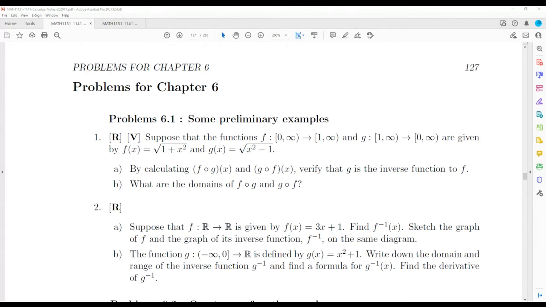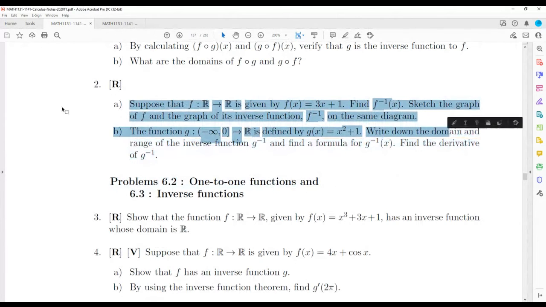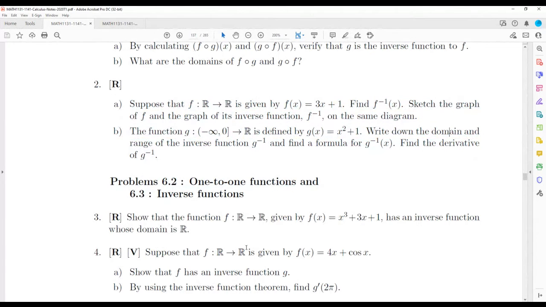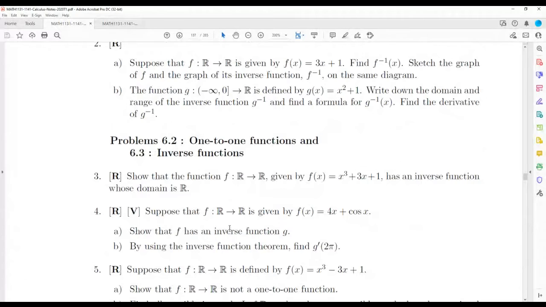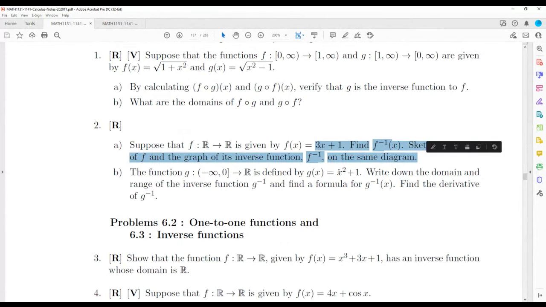So let's have a look at some of these questions. I thought we could start very simply with question 2, and then do a few more questions. Suppose I've got a function 3x plus 1; find the inverse and sketch the graphs.